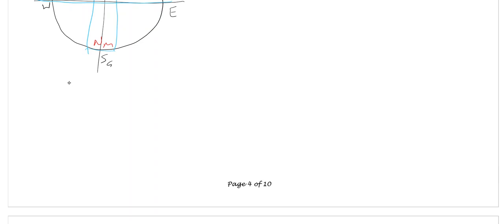Consider a wire placed in such a way that it is passing through the poles of a magnet as shown here. Say this is south pole, this is north pole, and the wire is passing through the gap like this.